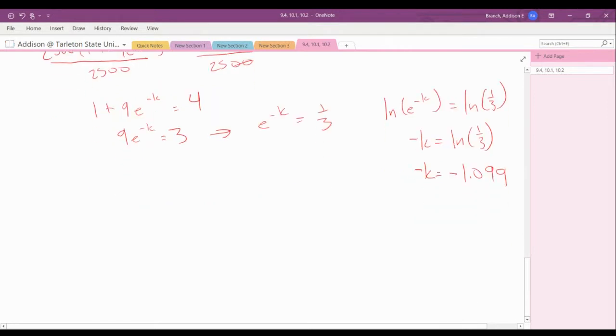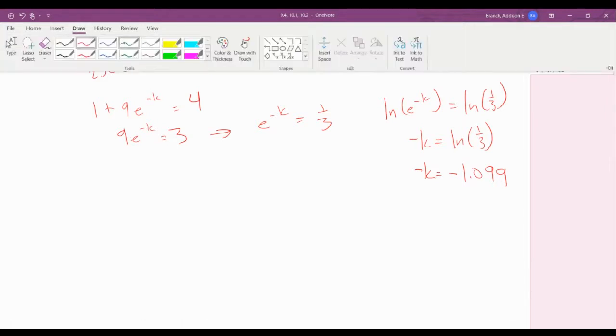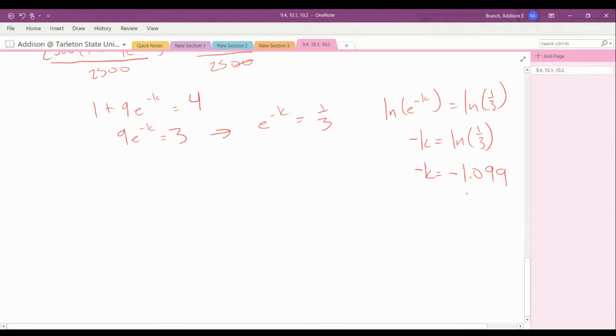So now that we know our k, what we can do is we can go ahead and plug that back in to our original equation. So then we can say that p of t is equal to 10,000 over 1 plus 9e to the negative 1.099 t.